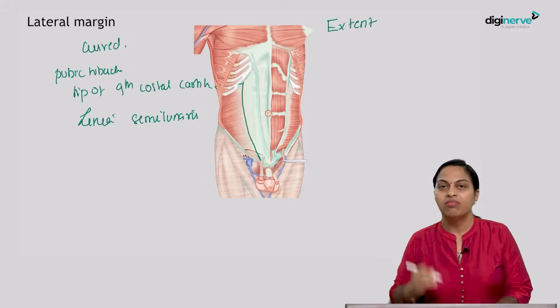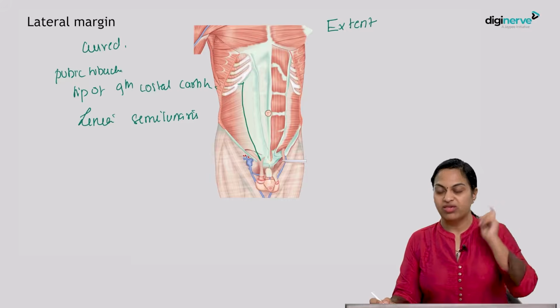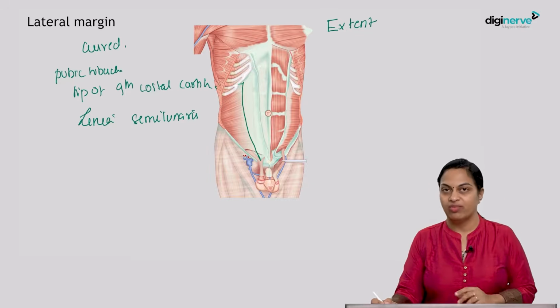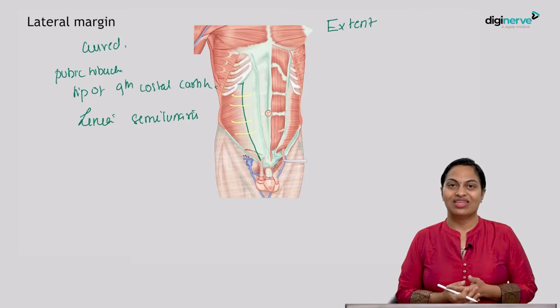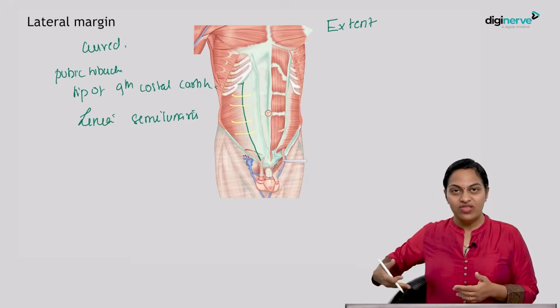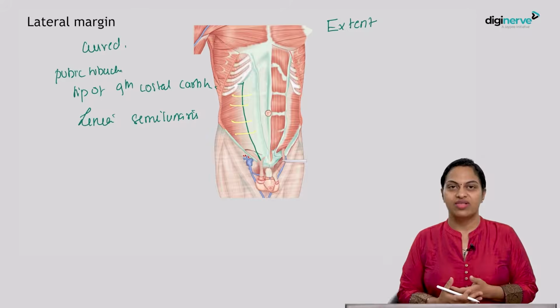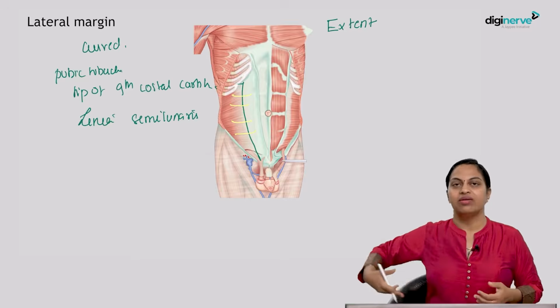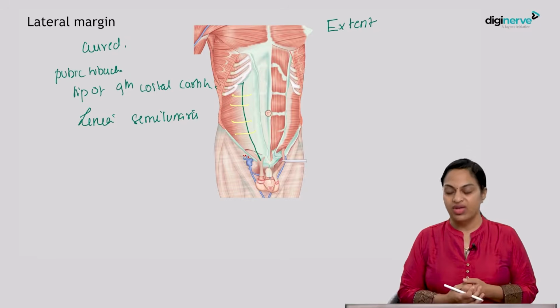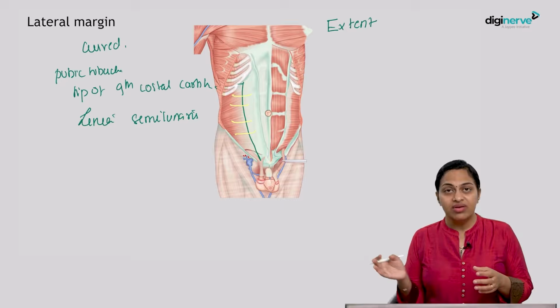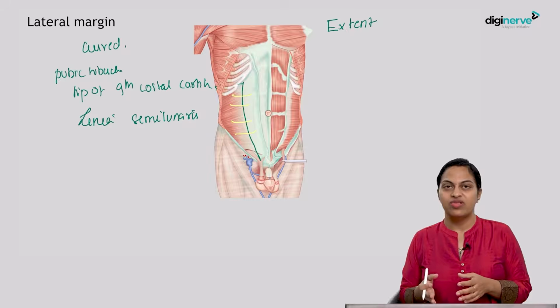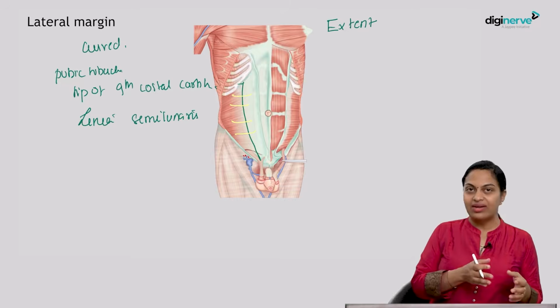And please remember, yes, we saw a picture, right, while talking about the anterior abdominal wall. The nerves that enter the rectus sheath have to cross the linea semilunaris and enter into the rectus sheath. Okay, it crosses the lateral margin and then enters into the rectus sheath.